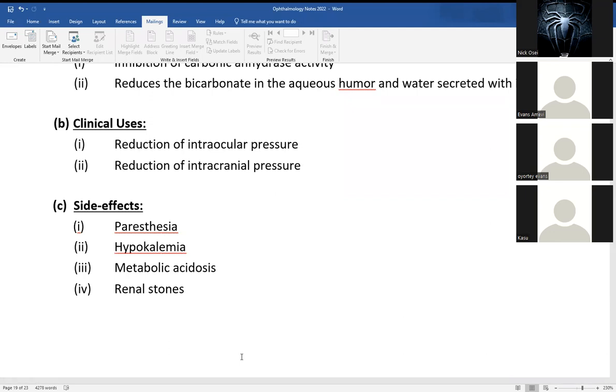Those drugs, they can write short notes on them, looking at the class of the drug, the mechanism of action, maybe the side effects and clinical use. So those common drugs, the timolol, the pilocarpine, the atropine, and all that. You should be able to write short notes on them. You should be able to diagnose and treat glaucoma, talking about risk factors and all those things that you mentioned.